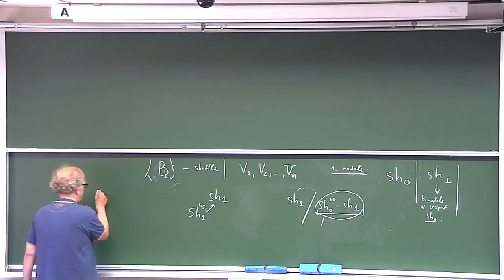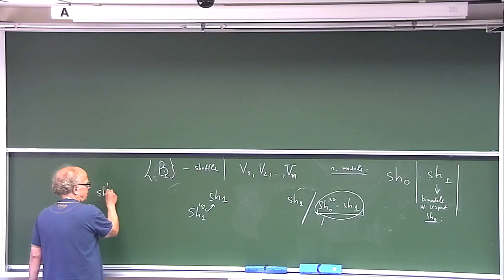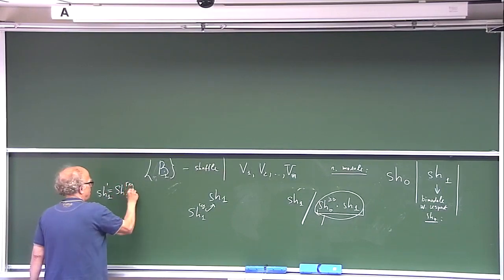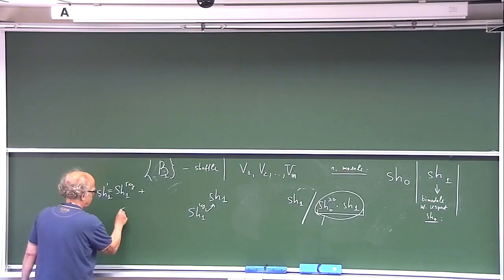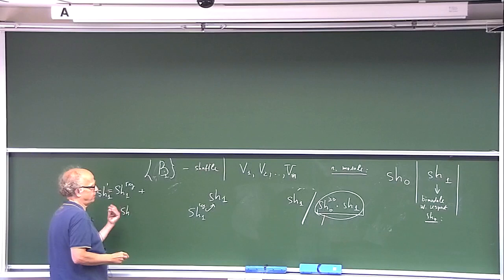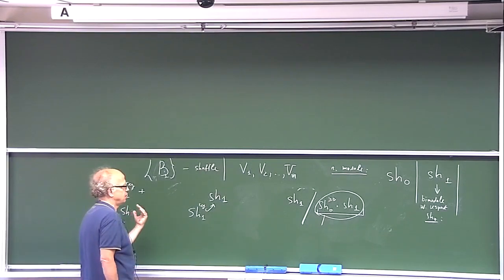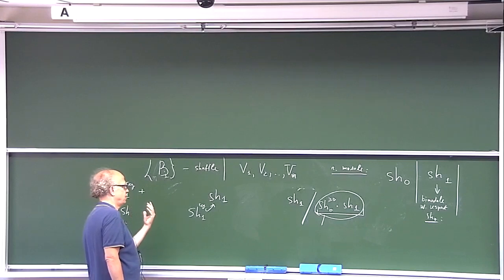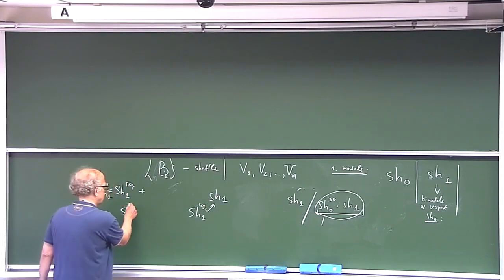Actually, our shuffle 1 is the sum of shuffle 1 regular plus this subspace. This subspace is the result of the action from the left of shuffle 0. Let me just rewrite.